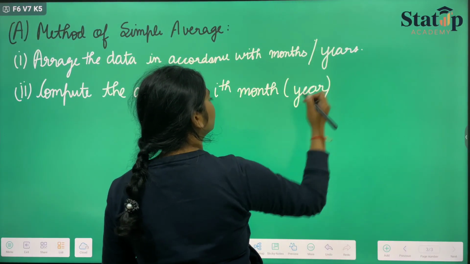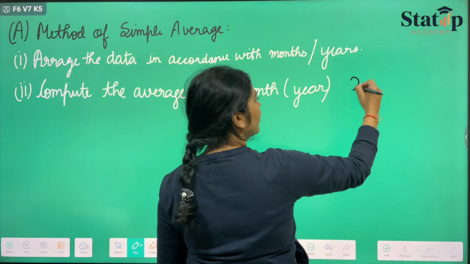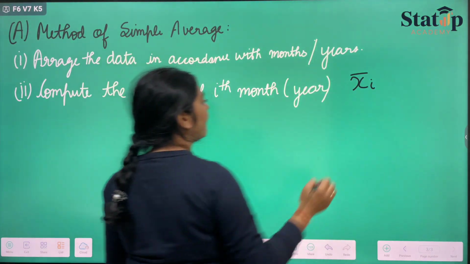We have to compute the average of the ith month, which is given by x bar i.